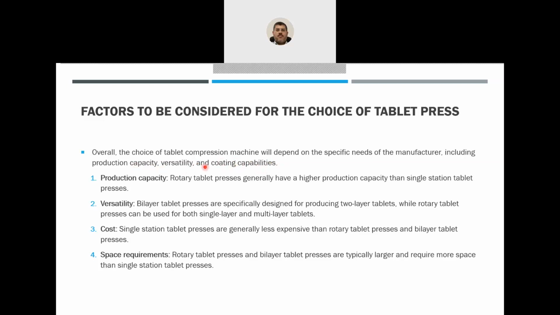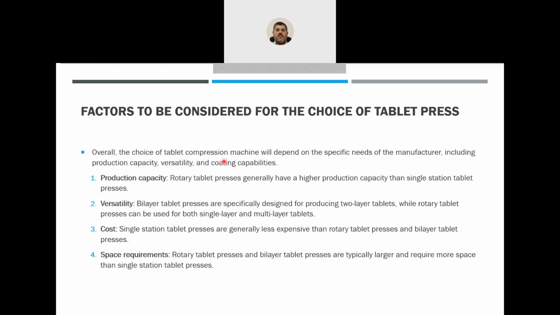So number one is the capacity, like this machine, how many tablets can be produced per hour. So if you want, for example, massive production, then you may need to choose machines with higher capacity. Versatility also, whether they have a wide range of compression force, can accommodate a wide range of different tablet sizes and so on. Okay.